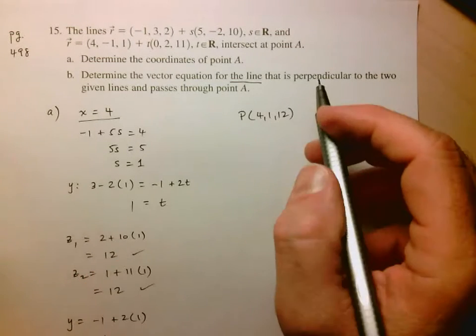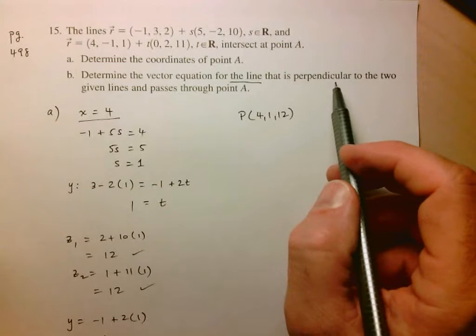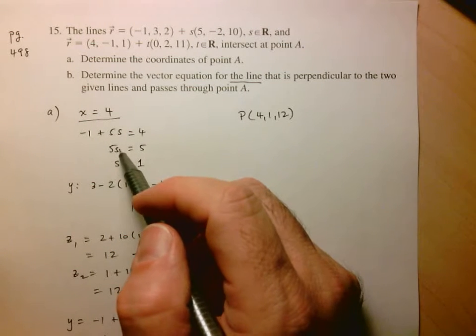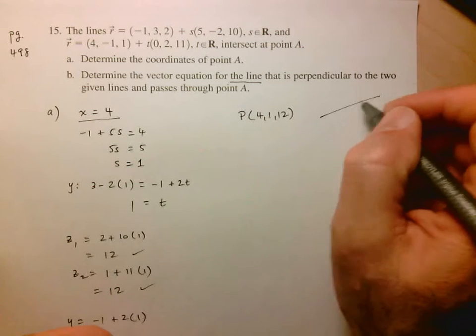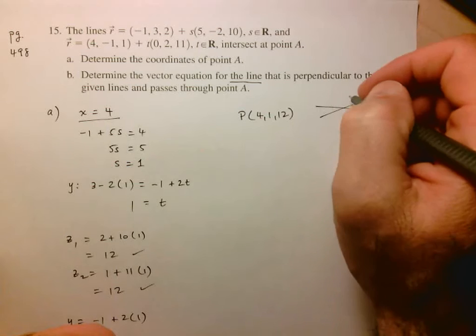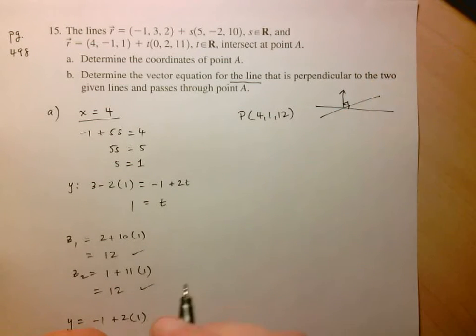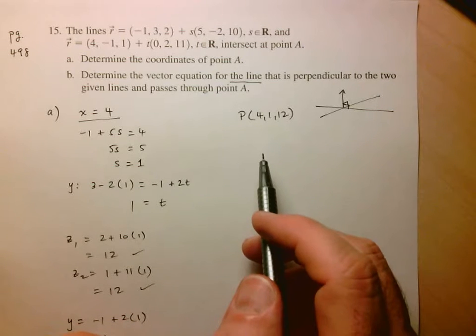Hopefully you're starting to get the idea that when I need something that's perpendicular to two other things, I'm probably going to use the cross product. In particular, it has to be perpendicular to these two lines. So here's one line, there's another line. I need a vector that's perpendicular to both of these lines. That's going to be my direction vector for the line that I'm looking for.